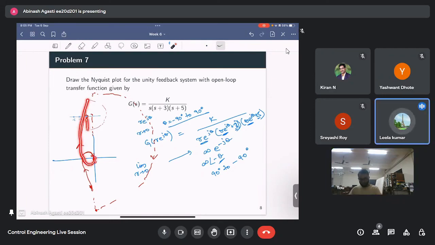Yes, that is clear. Then we will be plotting this part, whatever it is mapped here. See, we are mapping this contour via this function, right?